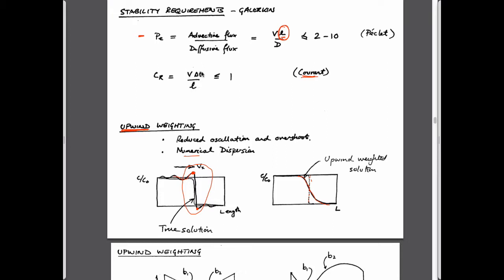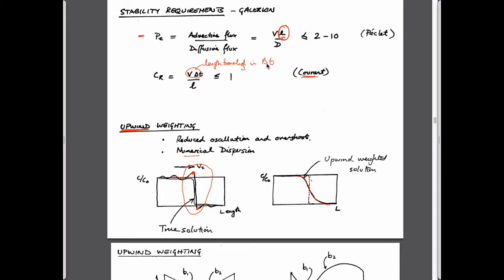I suppose you can think of it in terms of whether the element actually sees the pulse going through it. So in other words, the numerator, the velocity times delta t, is what? A velocity times time is a length. So this is the length traveled in delta t.